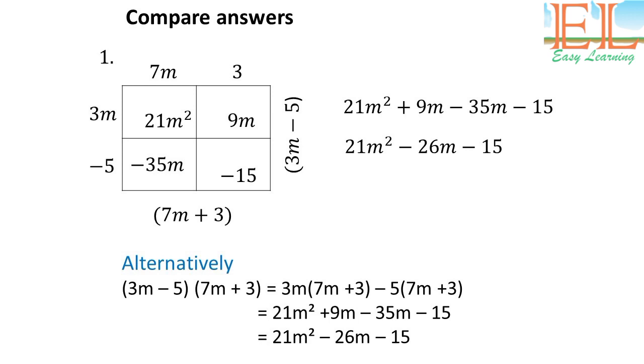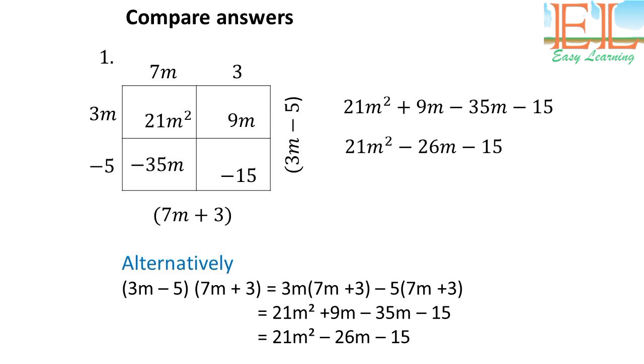I just multiply 3m times 7m. That will give me 21m squared. And 3m times 3 gives 9m. Then I also multiply negative 5 times 7m. That will give me negative 35m. And finally, negative 5 times 3, and that will give negative 15.